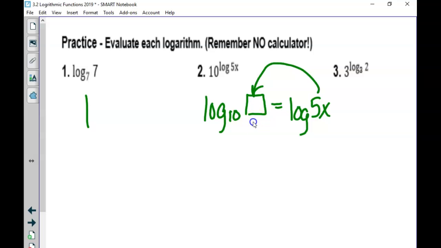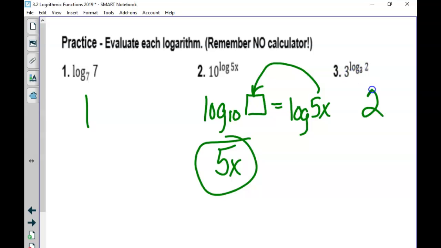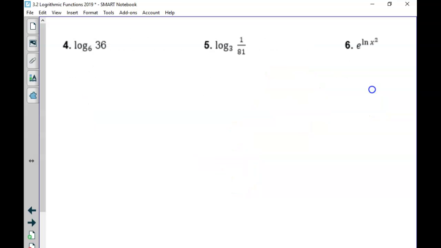So what goes in there? Just 5x. And these are both exponent power of 3 and log base 3, so they're going to undo each other and get a 2, same as the last one. Everybody okay? I'm just going quick because we got to do graphing still. Number 4, Brandon S., can you do that one?